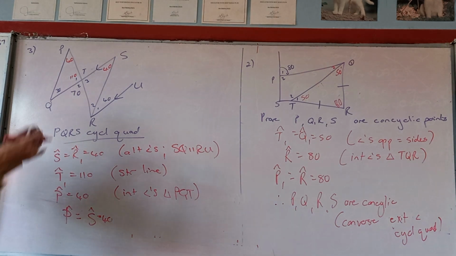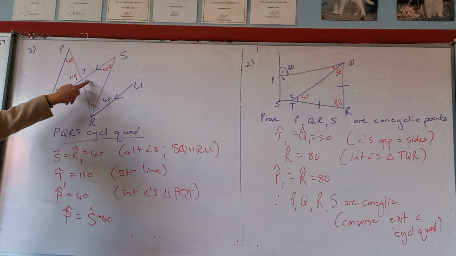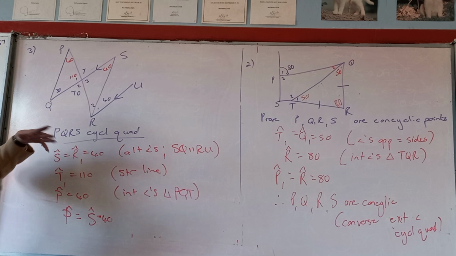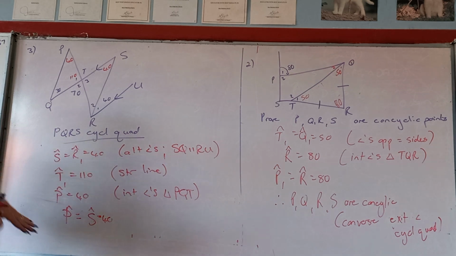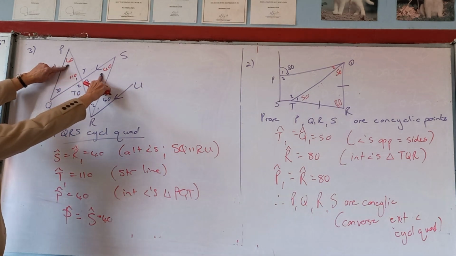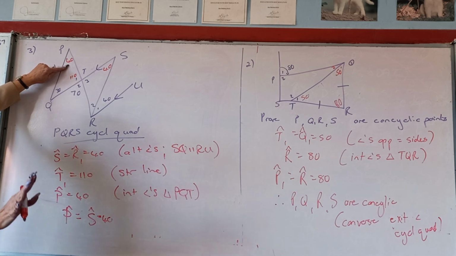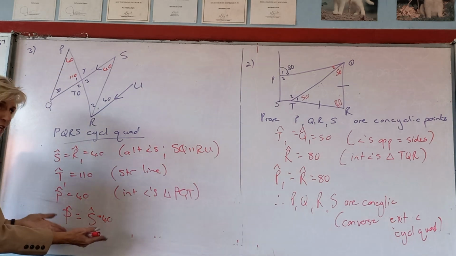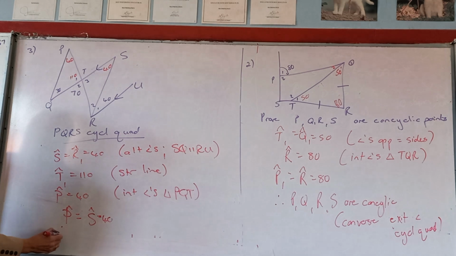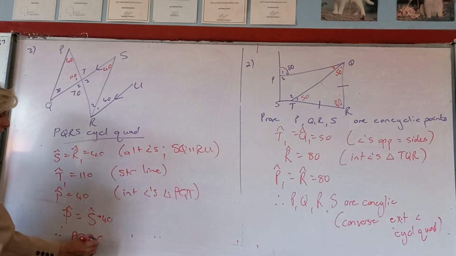Guys, could I have done the bottom ones as well? Vertically opposite angles, sum of the angles of a triangle, 100%. Okay? So now that I know that they are equal to each other, what's the reason? Not bow tie. They are equal to each other. So that's why PQRS is a cyclic quad, although I don't even see the cyclic quad.